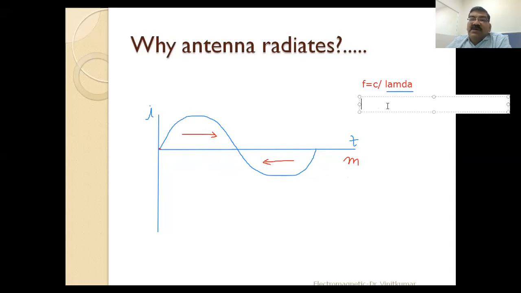Here, if I want to calculate the lambda, I'll put L here, and consider this as lambda. So lambda equals what? C by F, am I right? Lambda equals C by F. Please give me the confirmation. Yes. Okay. So what is your C? 3 into 10 to the power 8.